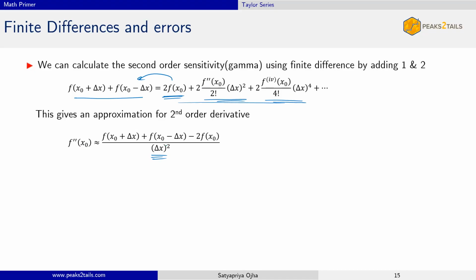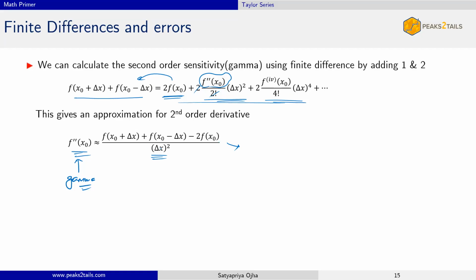Okay. That gives the approximation for this guy, because 2 and 2 factorial gets cancelled. Okay. So this is our gamma, right? So you can approximate the second derivative of a function by using this finite approximation. There are other forms also, but this is the most popular.